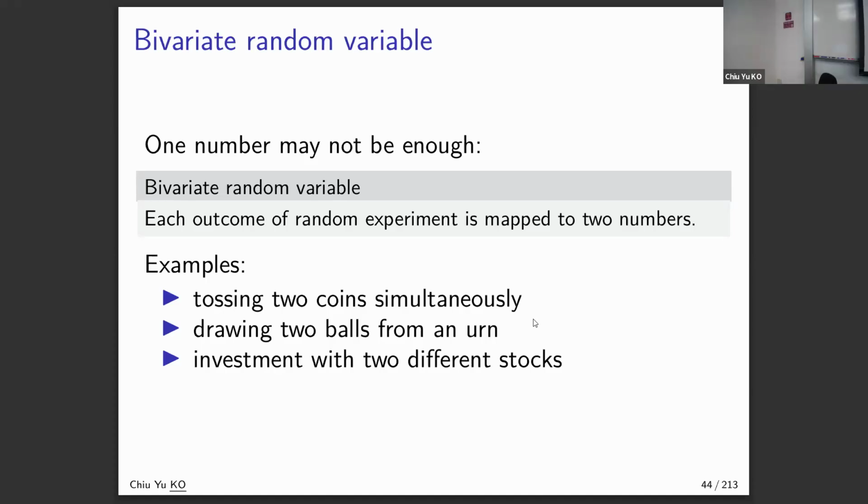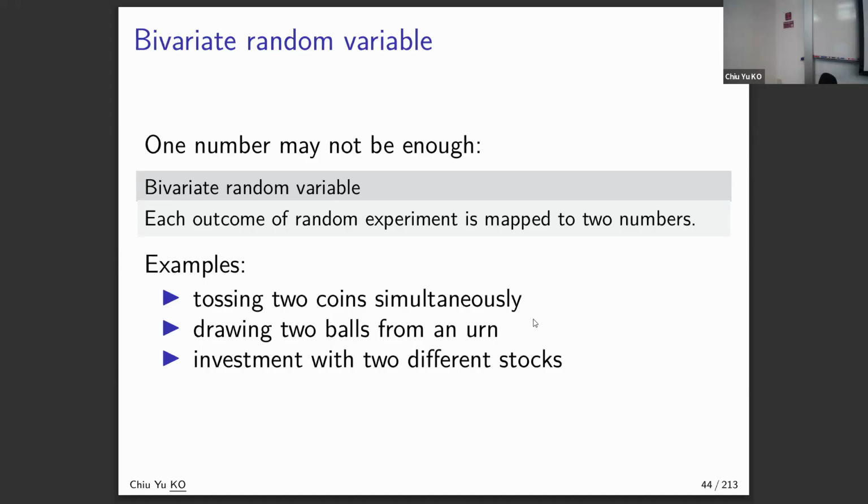But sometimes we want to choose out of two stocks, right? Or even if I choose stock and bond, bond can also have variation, right? Maybe the company goes bankrupt, you lose it, right? It's not completely risk-free. Or you want to invest in two different stocks, how you want to split among two possible investments, right? In that case, you need to map to two numbers, right?